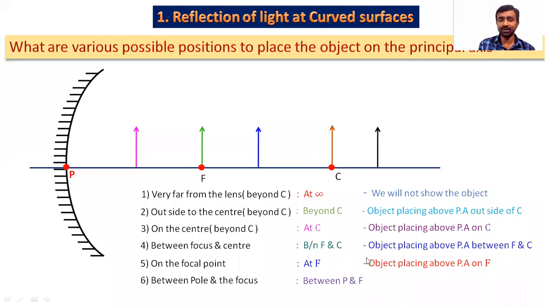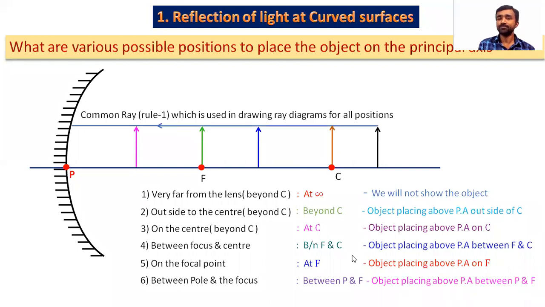The topic is simply, I forgot here. For any position of the object, commonly I am using one rule, which is related to the concave mirror. What is that? Simply rule 1. See here, the ray which is joining all the top points of objects.